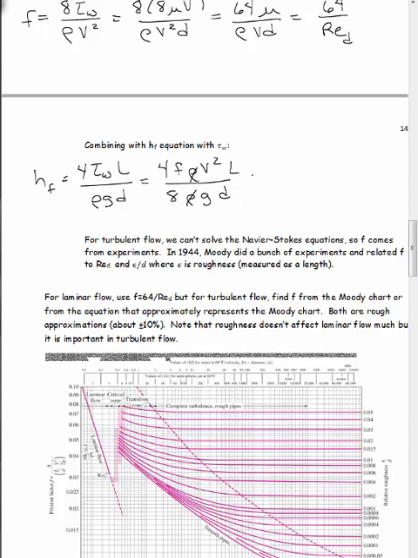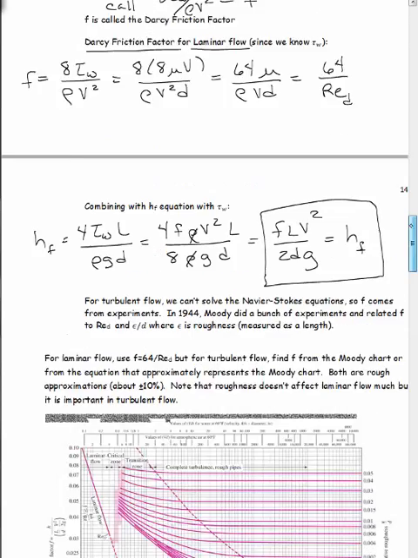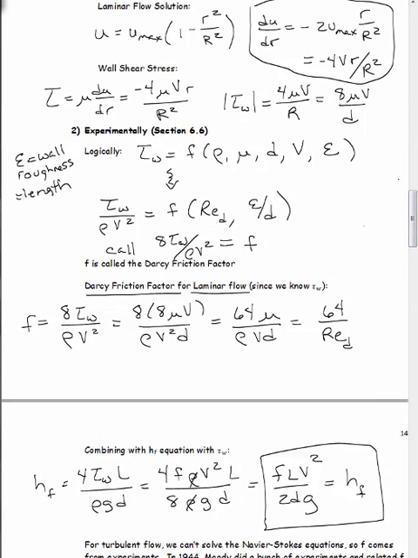Rho cancels, and we are going to get f L V squared over 2 D g. Actually, that's not just laminar. That was from this tau wall equation.